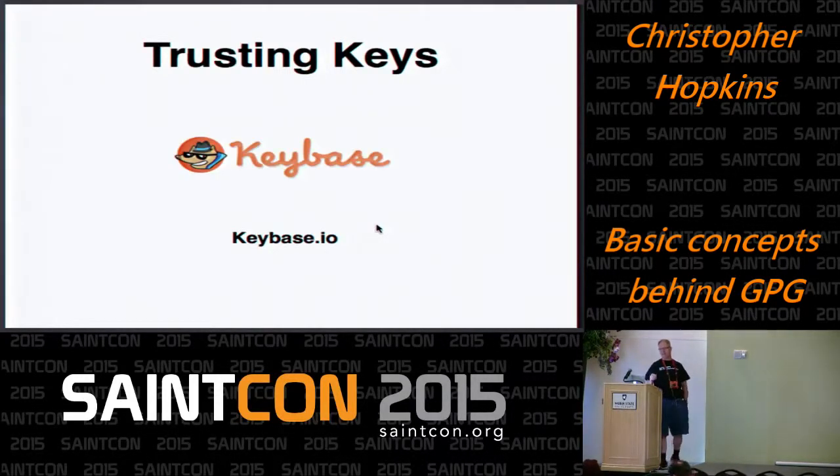Now there is an initiative, I think it's been about a year and a half now, called Keybase IO, and it's kind of GPG for the web, with a social networking feel to it. Part of the issue with GPG is usability, and in some ways I think they addressed that.